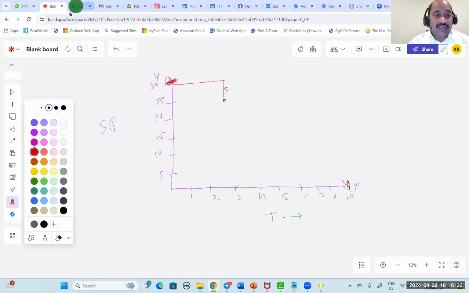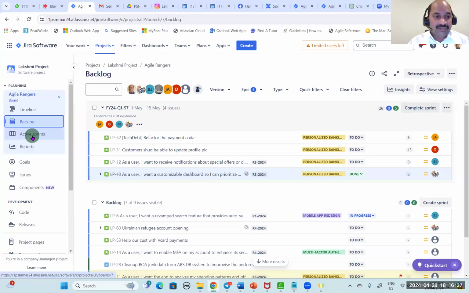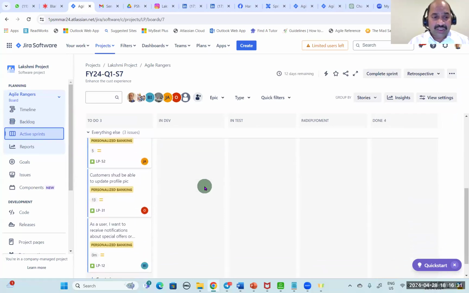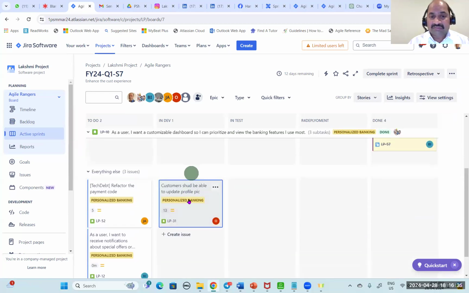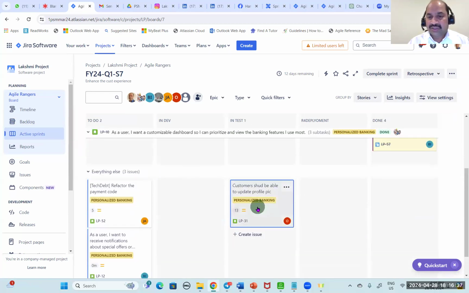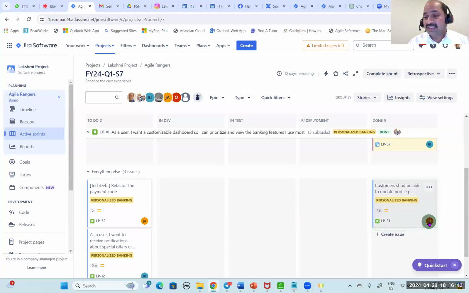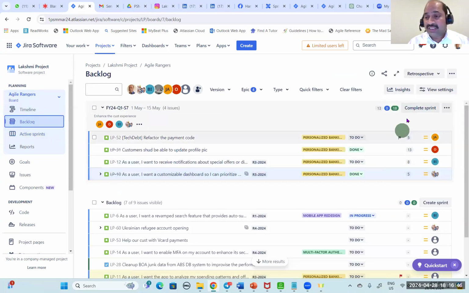Now let us continue. Let us assume that the team picked up the next requirement. So they want to help the customers. I just randomly pick up the story, and let us assume that on day six they completed these 13 story points. Day six. Now, what is the status of day six?